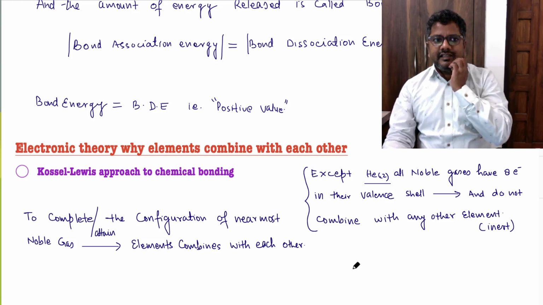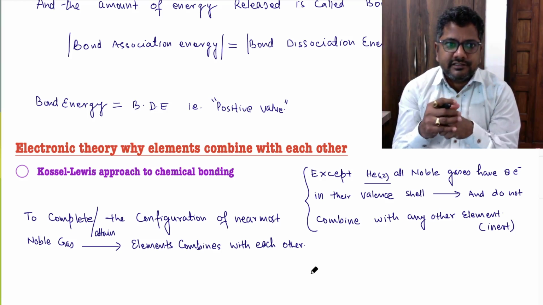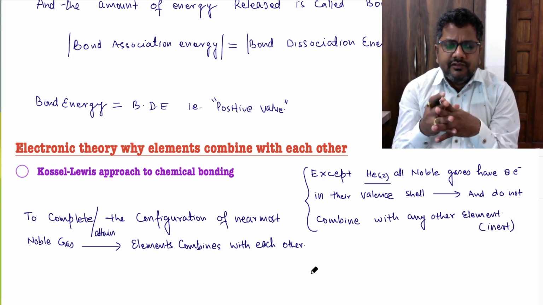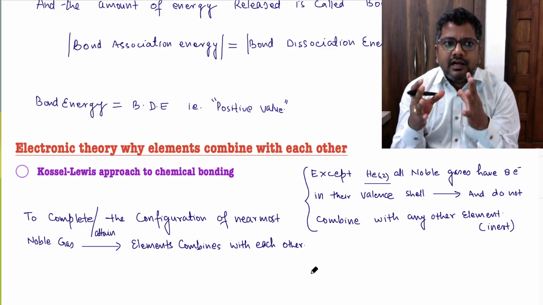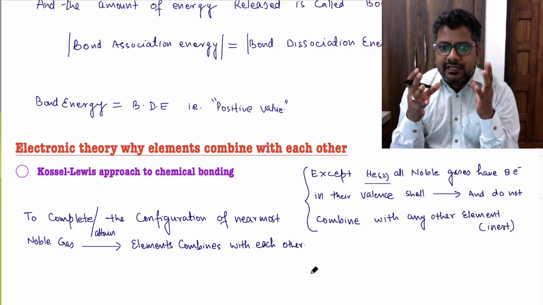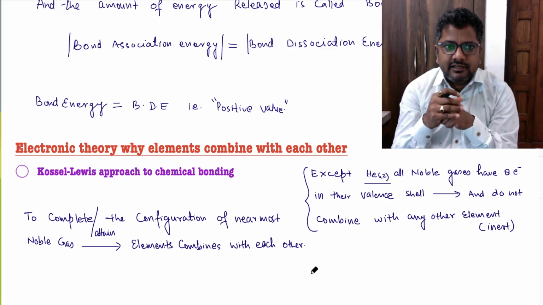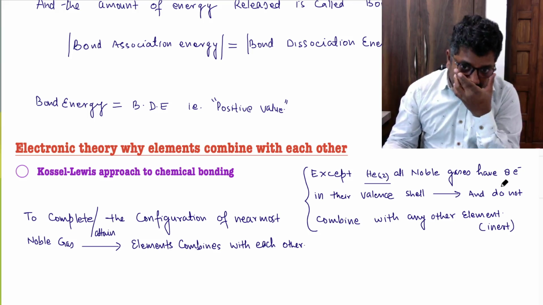And we can say that this theory is a grand success. There are a few exceptions, but the majority of compounds and combinations of elements can be explained on the basis of this. So mostly they have 8 electrons in the valence shell.